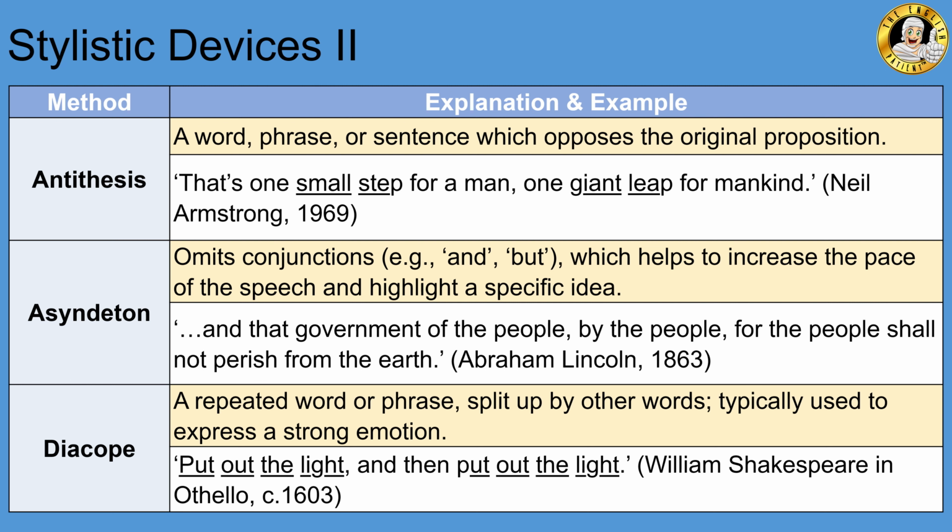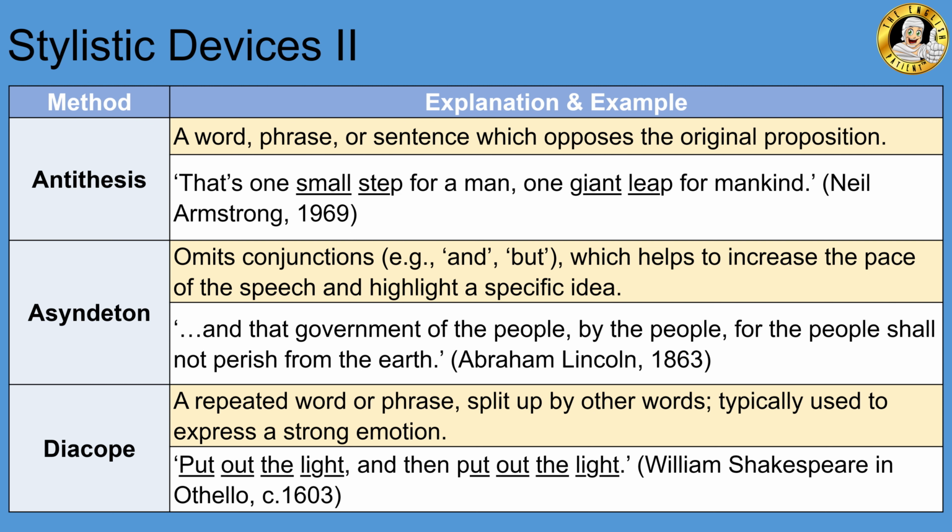And the next is diacope. Now this is a repeated word or phrase split up by other words, typically used to express a strong emotion. And this is from William Shakespeare's play Othello, which was originally written somewhere around circa 1603. "Put out the light, and then put out the light."